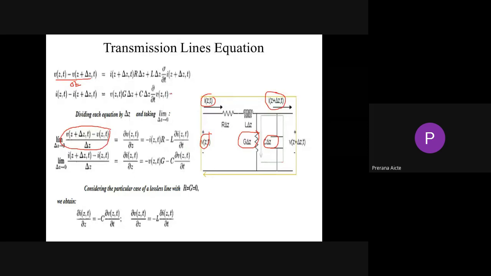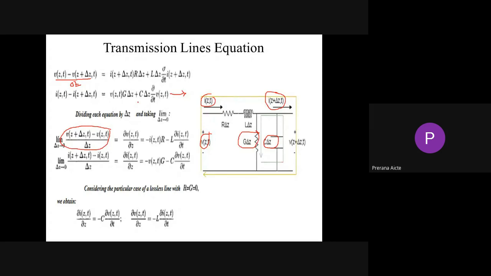Similarly, applying the limits to this expression, the rate of change of current, dou I of Z of t by dou Z, is equal to V of Z of t into G minus C into this one.